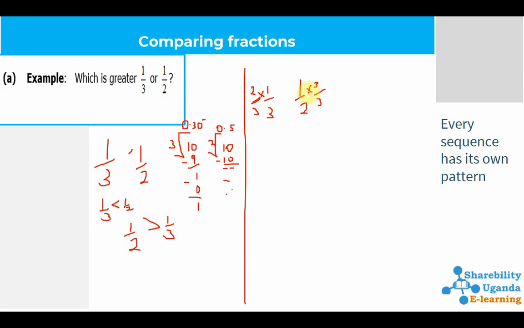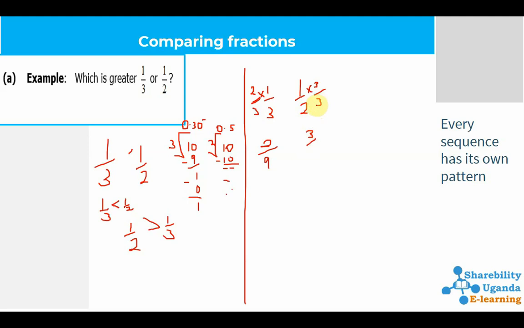So here we shall see which one is bigger than another one. What is 2 times 1? It is 2 over what is 3 times 3, which is 9. What is 1 times 3? It is 3.